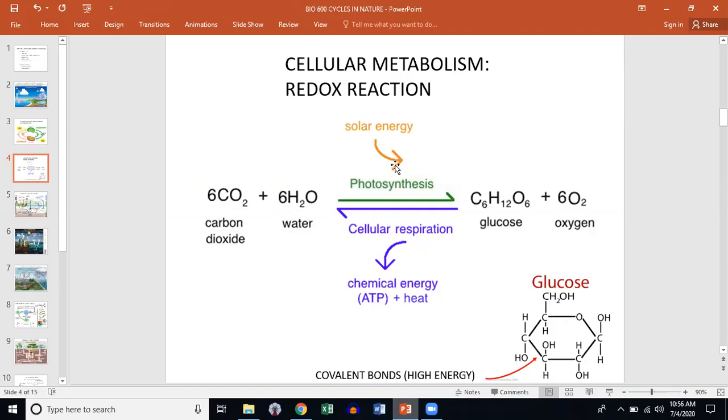Then by way of the plant, so photosynthesis, the reverse reaction occurs, the reverse reaction. Water is combined with carbon dioxide to make the glucose molecule, and there's an extra oxygen left over. There are extra oxygens left over, and so those oxygens just pair up with each other.